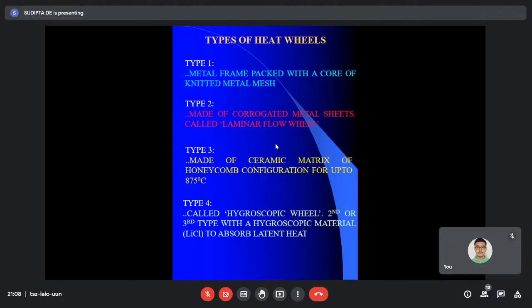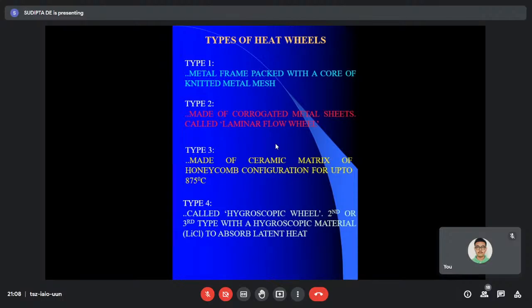The third one may not always be possible with metal structure and it becomes costlier, but effectively the performance is better. And the contamination is also not that great. But for the type 4, significant heat transfer happens because with the hygroscopic material it absorbs the moisture, and through the moisture absorption it absorbs the latent heat of moisture in the flue gas too.